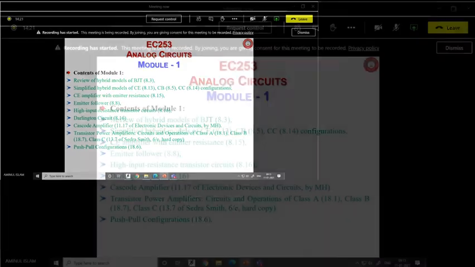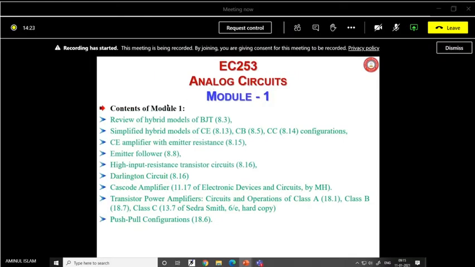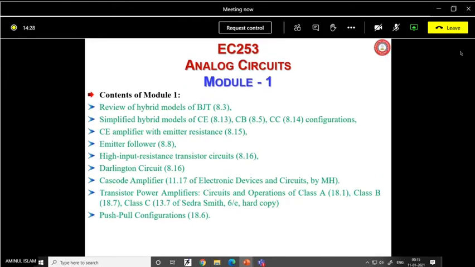A review of hybrid models of BJT. You are aware of BJT or not? You might have seen it in the first semester itself. Simplified hybrid models of CE, CB, and CC configurations: common emitter, common base, and common collector.